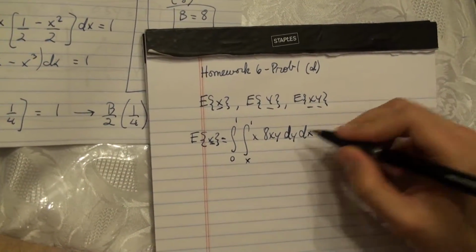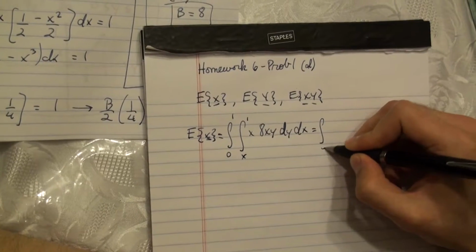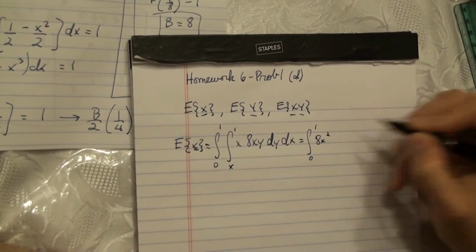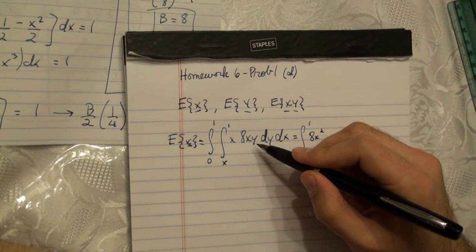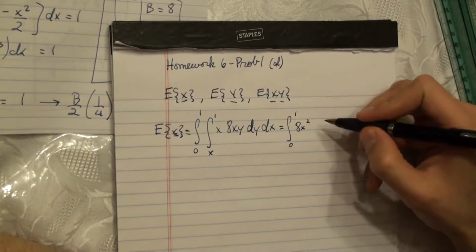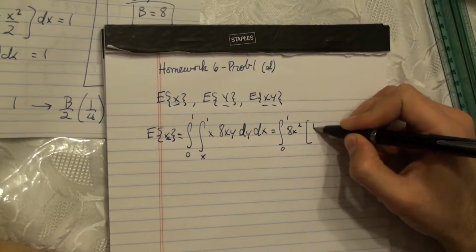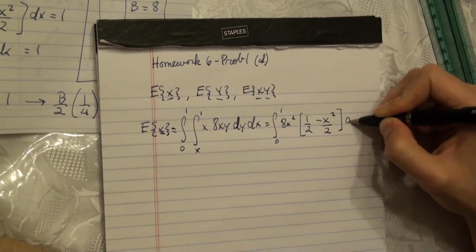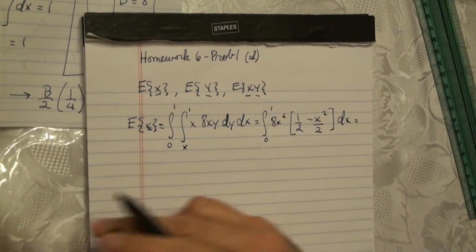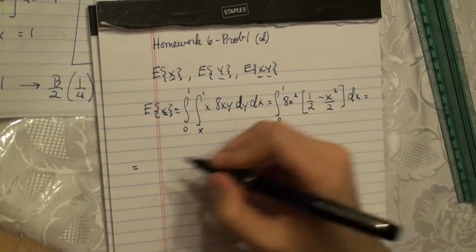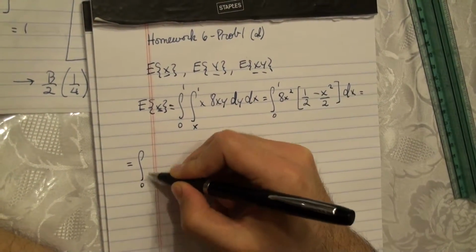First we do the integral with respect to y. We have integral from 0 to 1 of 8x squared. The integral of y is going to be y squared over 2 evaluated from x to 1. So that's just going to become 1/2 minus x squared over 2 dx.